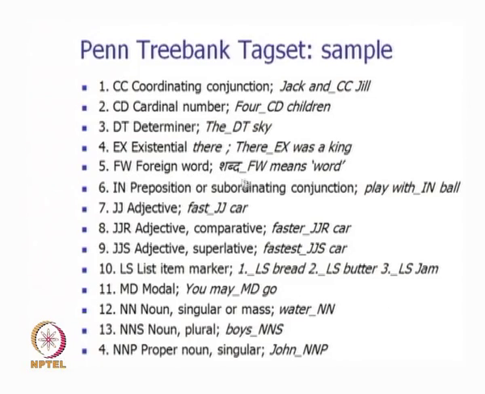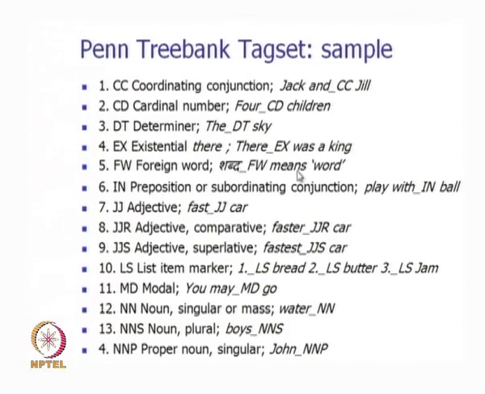FW is the foreign word. Here is a sentence with Shabd in Devanagari, underscore FW, indicating it is a foreign word. Shabd means word. So, we are explaining the meaning of this string sha, half ba and da. So, whenever the text of a language contains a string written in the alphabet of a foreign language, then we always place the tag FW.